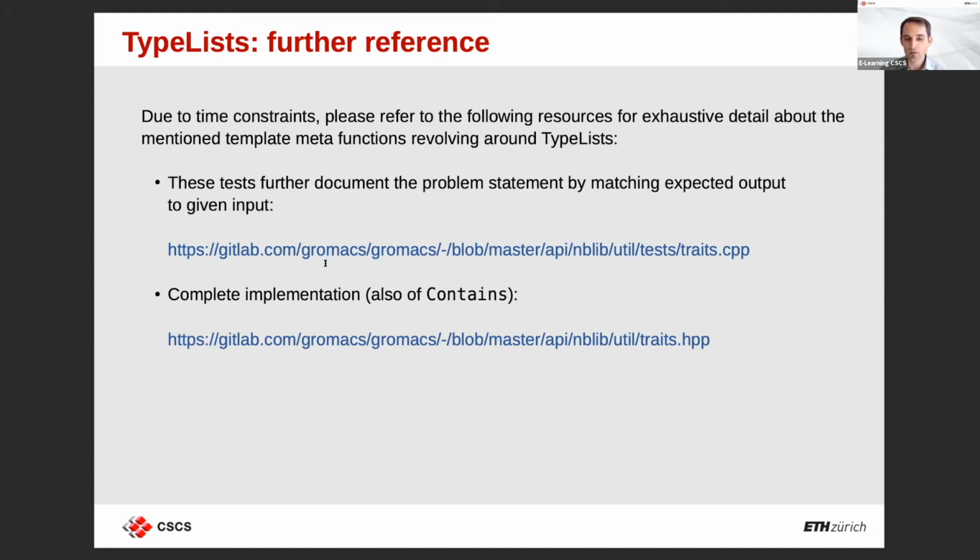So if you want to see how that works, also including the contains trait that I didn't tell you how it really works, you can look up the test and the implementation. It's only one file, so it's pretty minimal. And if you're interested in that, you can see how that works.